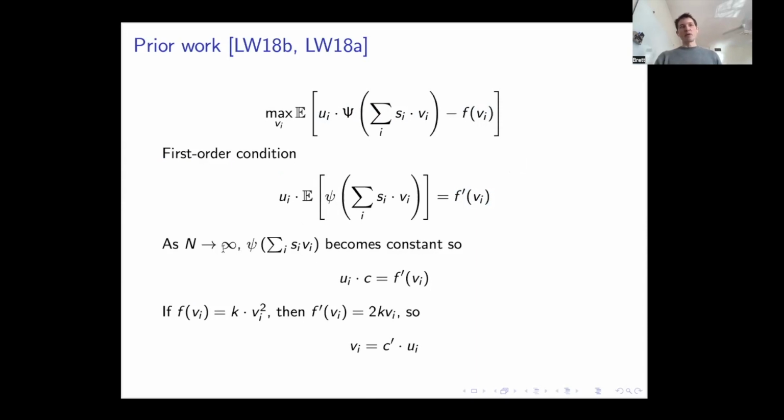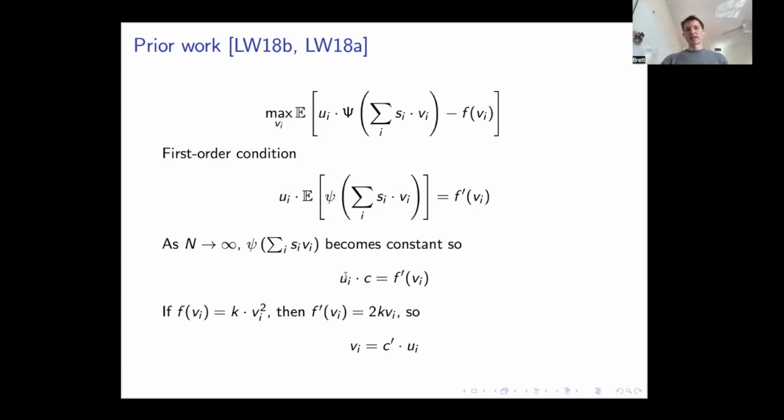And if you imagine that the number of voters goes to infinity, your marginal vote, the probability of this utility you get, becomes independent of your vote, and it becomes kind of a constant as the number of voters gets bigger.